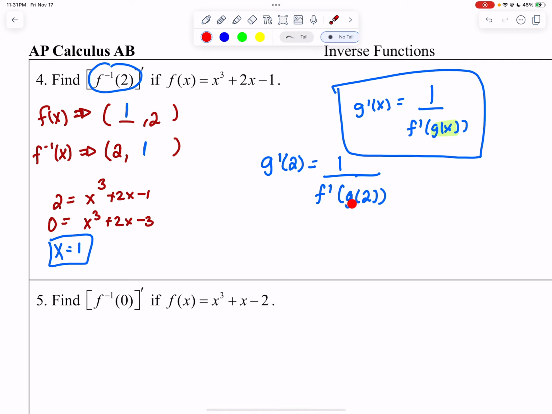Now, we know that this right here means that x is 2 for my inverse function. And then my y value is going to be 1. So what I'm going to do here is substitute in g of 2 to be 1.